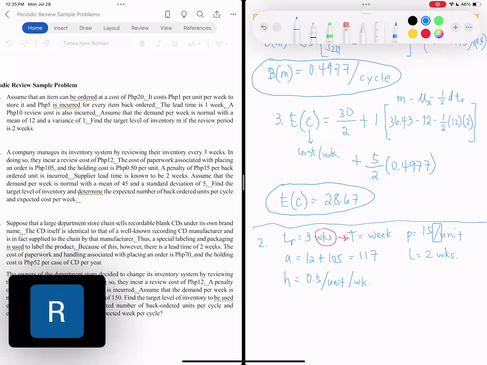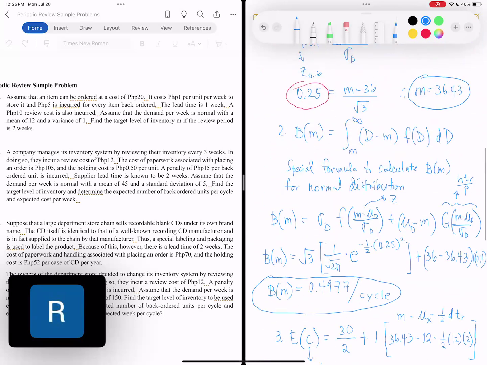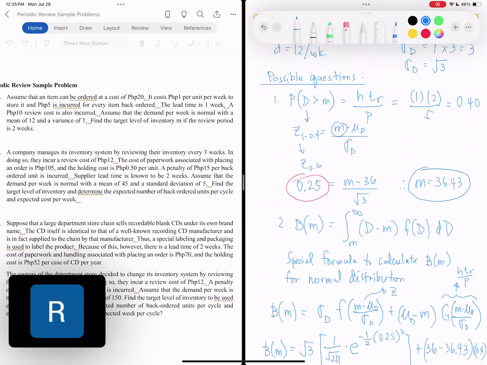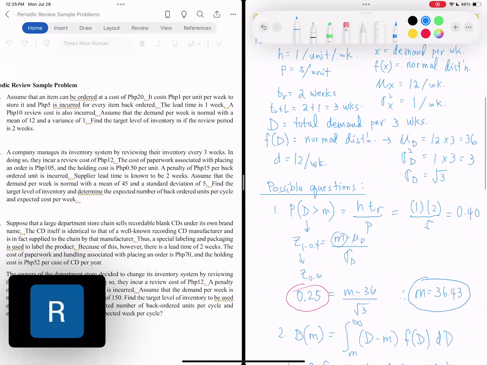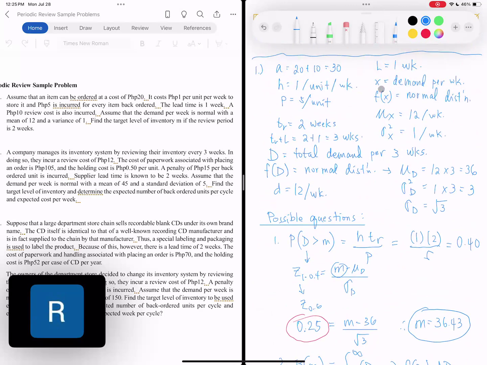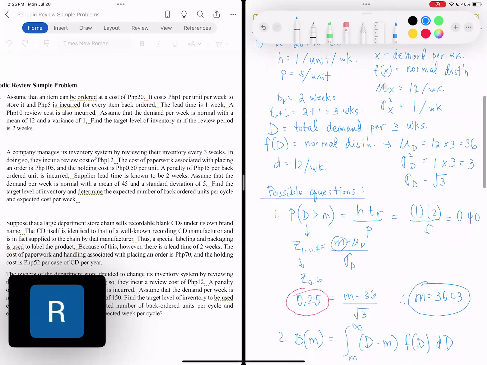Take note that this time, in contrast to the first problem, we had X as the demand per week. Again, lead time is 1 week, and it says there that the demand per week is normal. Since the demand per week is consistent with the definition of X, which is the demand during lead time, then we used X.